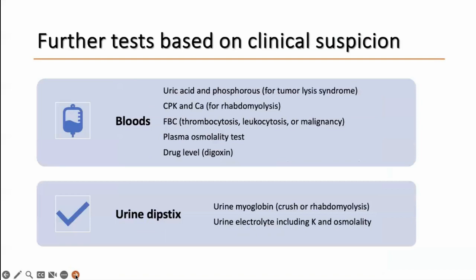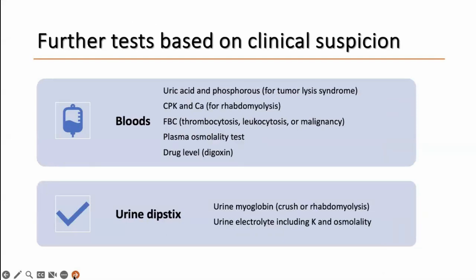Then, like we said, the further tests will be based on your clinical suspicion. So your bloods, you can look at serum uric acid and phosphorus tests for any hemolysis syndrome. You can look at your serum creatinine phosphokinase and calcium measurements for rhabdomyolysis. An FBC, like we said, thrombocytosis and leukocytosis can cause a pseudo-hyperkalemia. And then your plasma osmolality test and drug levels for suspected toxicities.